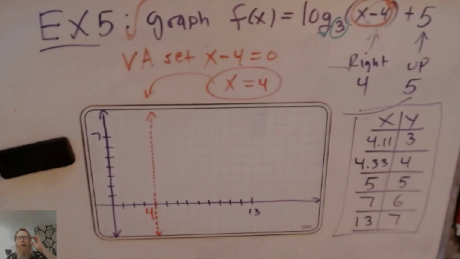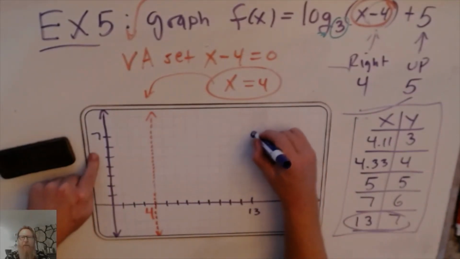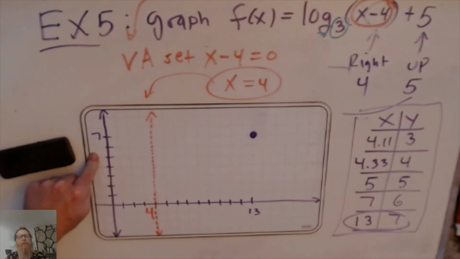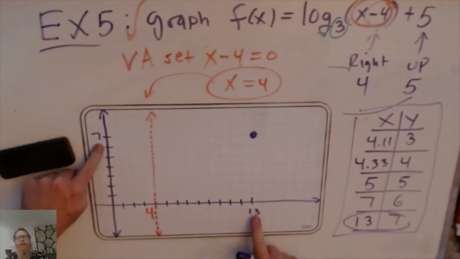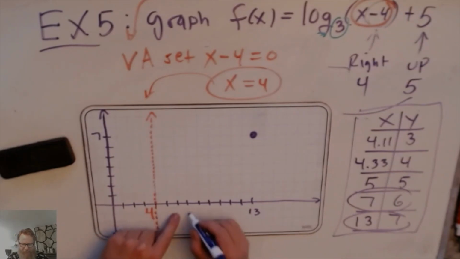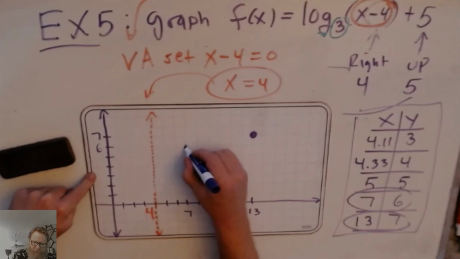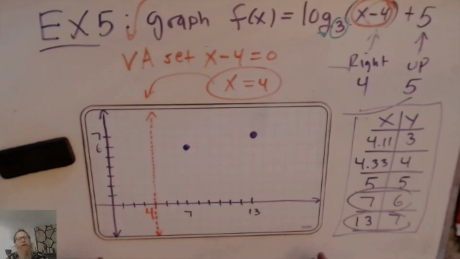All right, let's just plot the good ones. 13 and 7, so that'll be right over here. 13 and 7, over 13 and up 7. 7 and 6, so 5, 6, 7, and 6. Right there. If you're lazy or you're in a hurry, you're just trying to get it done, you're done. That's it. You can connect the dots now if you like.